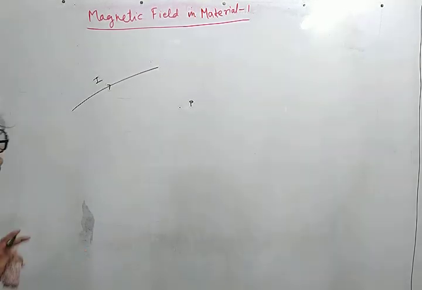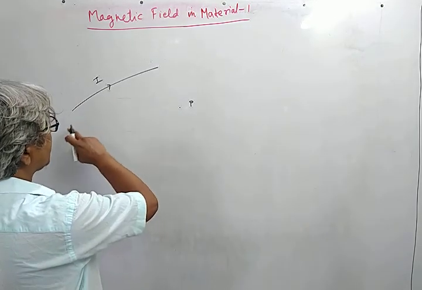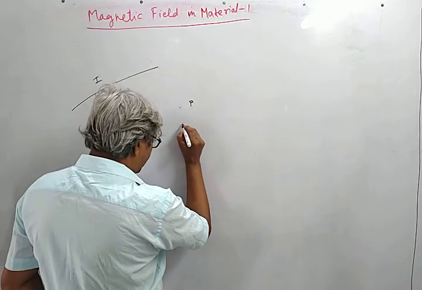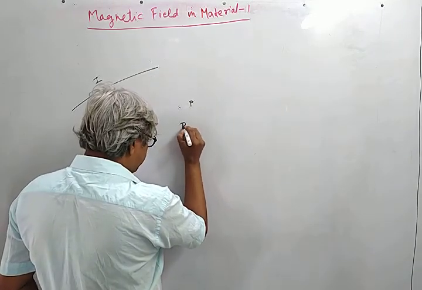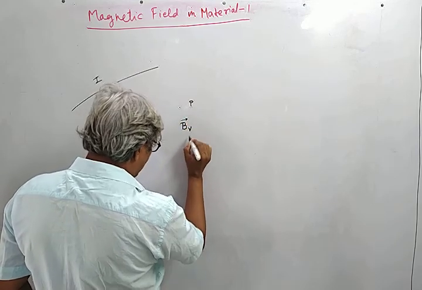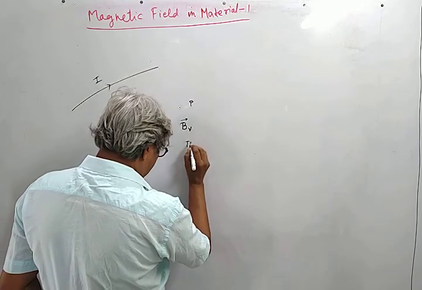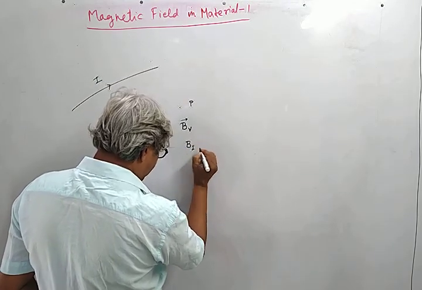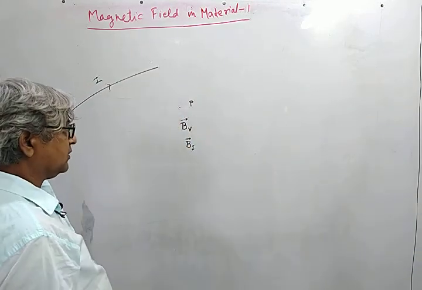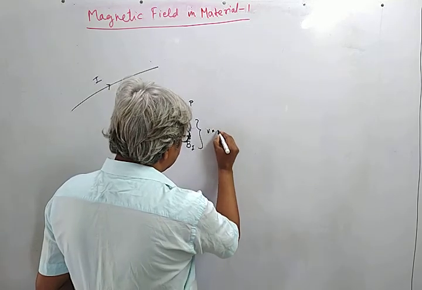However, we could find the field at a point when there is an isolated conductor, and we call this field the vacuum field, or the field due to the conduction current. We call it Bi. This is due to the current flowing through the conductor.